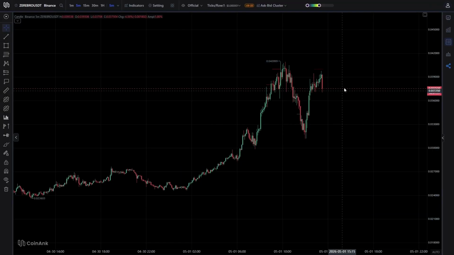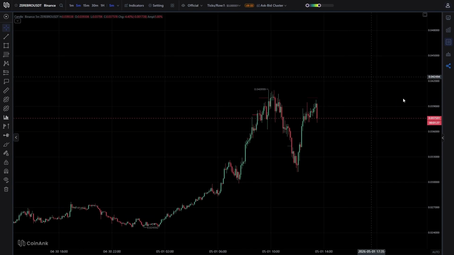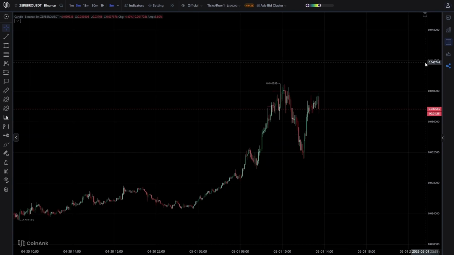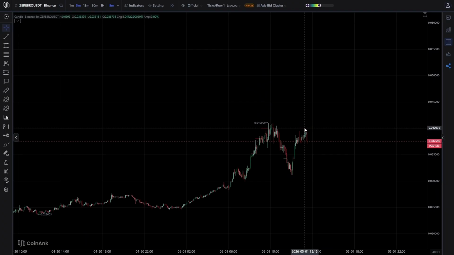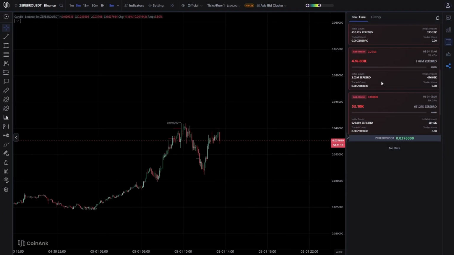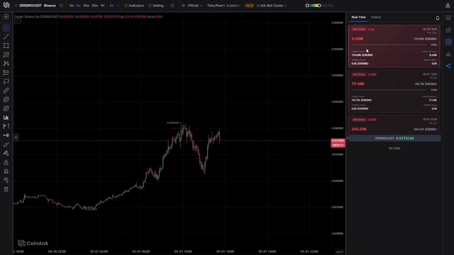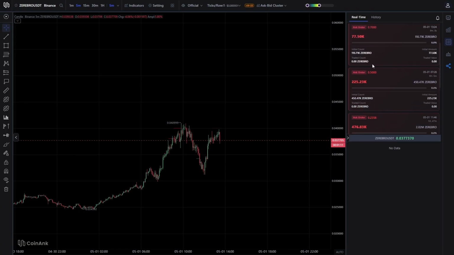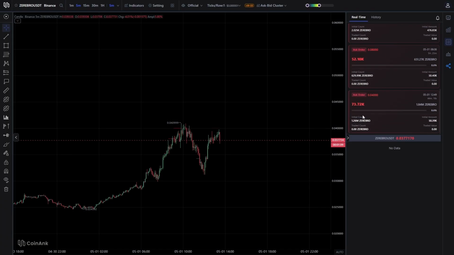Now let's see on CoinAnk, what do we see here? It seems like we have a sell order sitting there. Let's check on the list. That's on 12 bucks. This is really big. I don't know who that is, but okay.